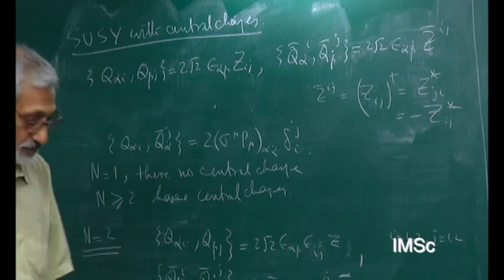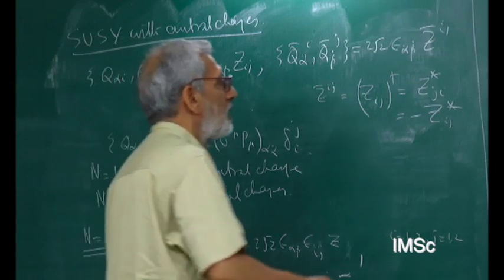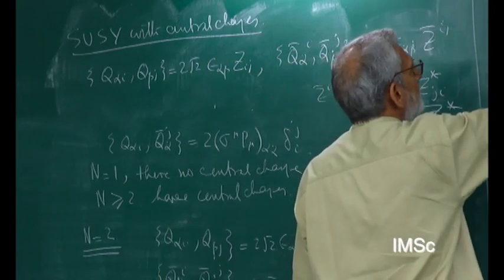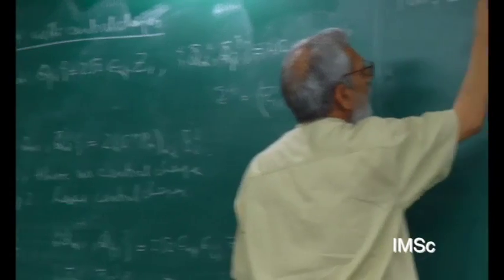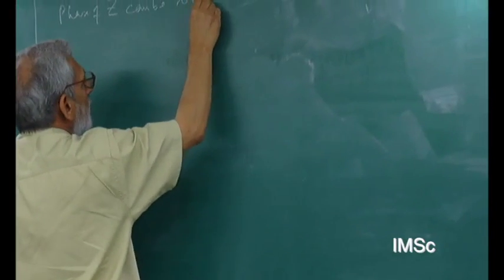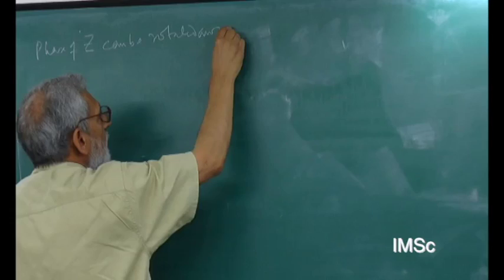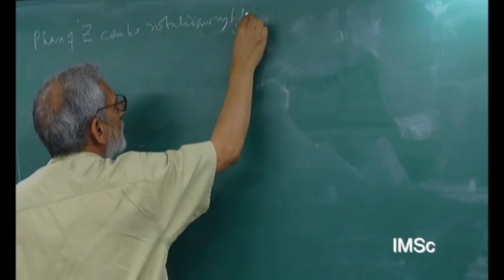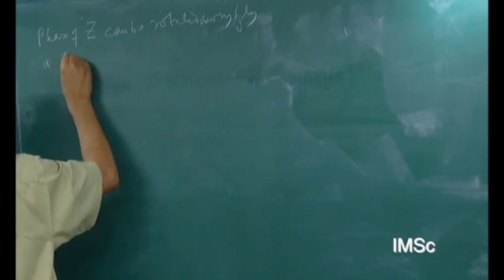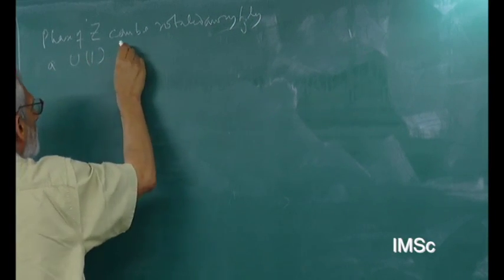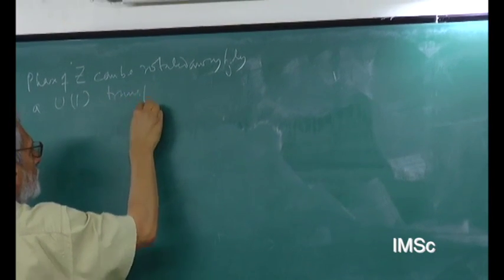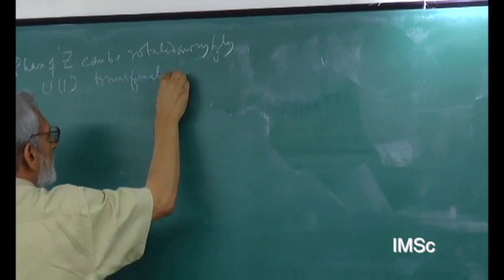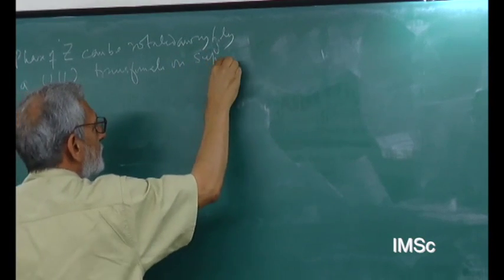And so the phase of Z can be rotated away by a U(1) transformation on supercharges.